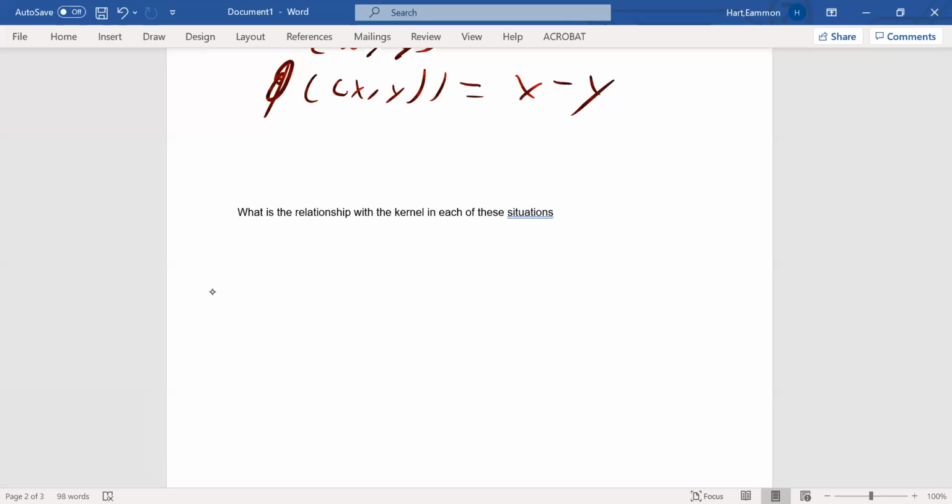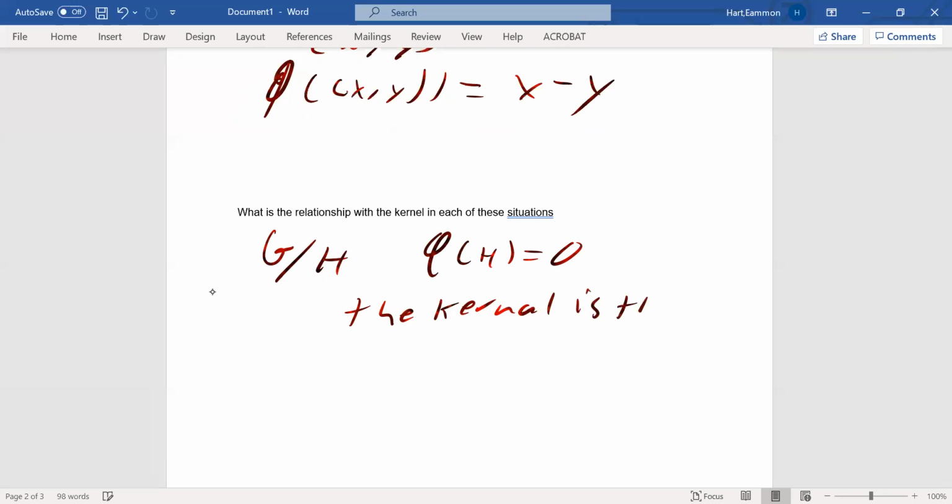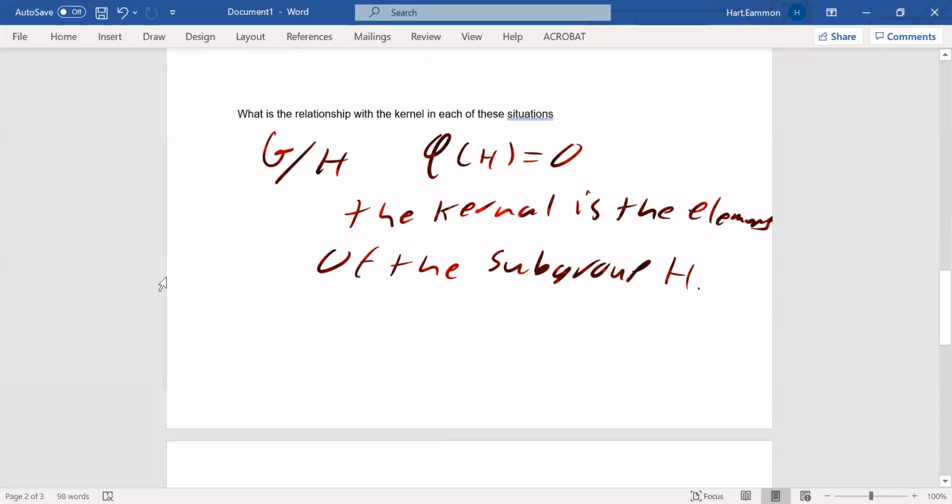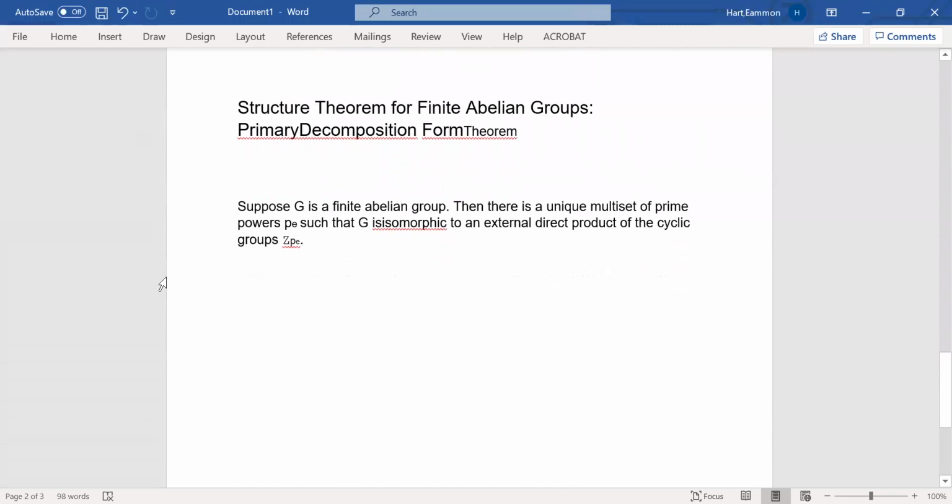So phi of h is going to be equal to 0. The kernel is the elements of the subgroup H. Does that make sense?